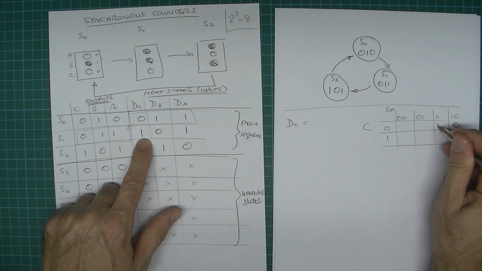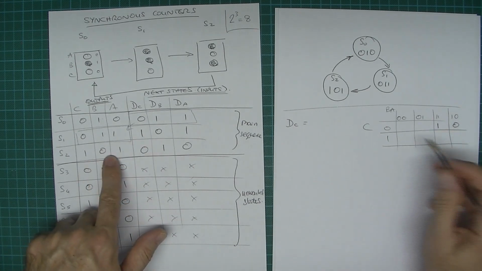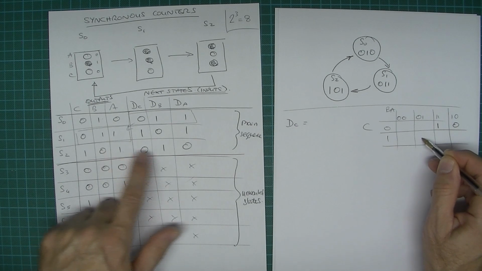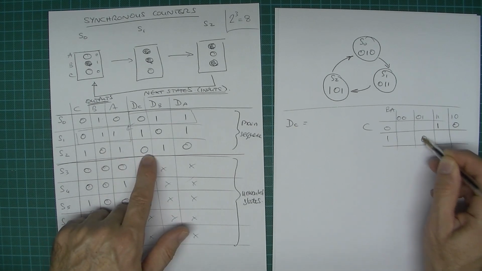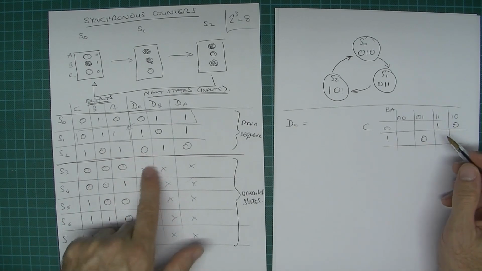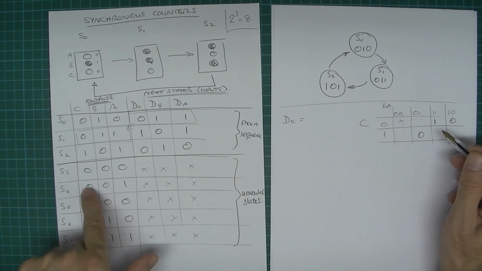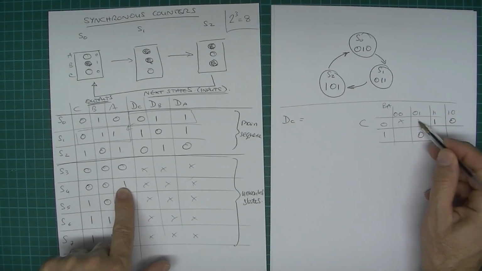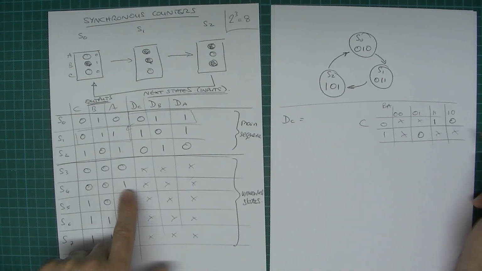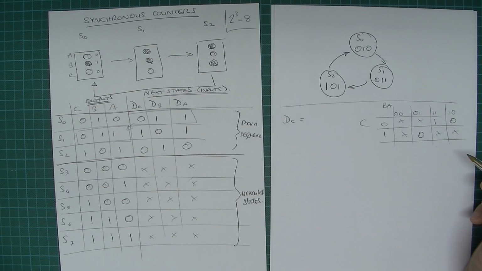It's going to be 1, and then 1, 0, 1, which is this cell, DC is 0, and then all the others, if we would fill this out, like for example 0, 0, 0, that's an X, 0, 0, 1, that's an X, and all of those are X's. Okay, they don't matter.